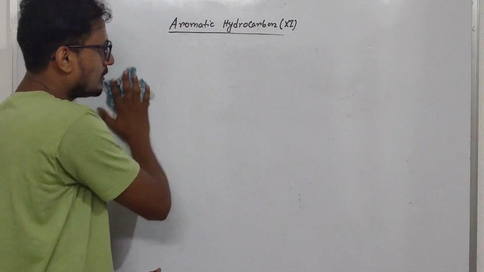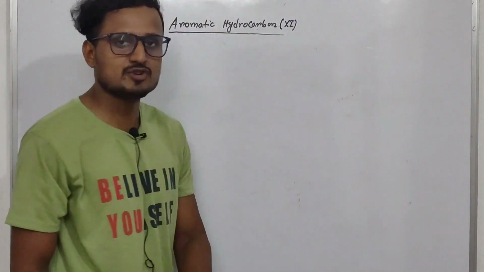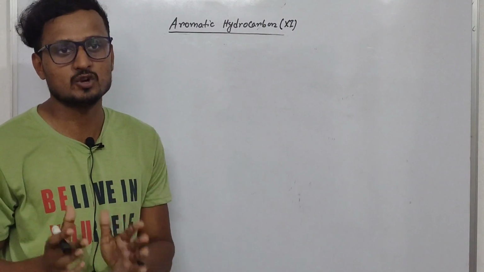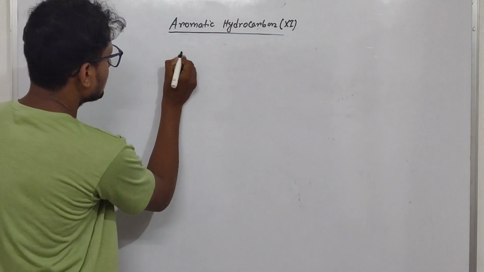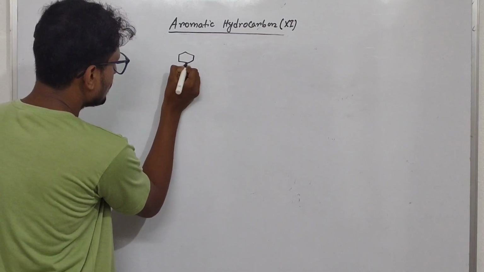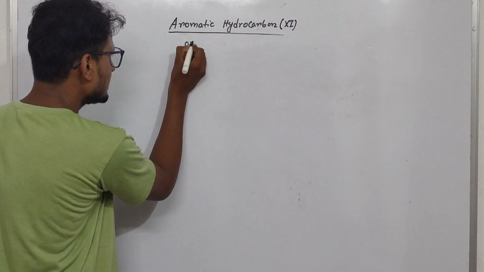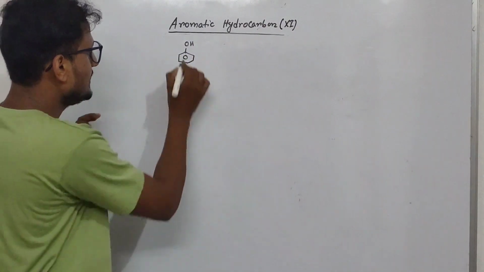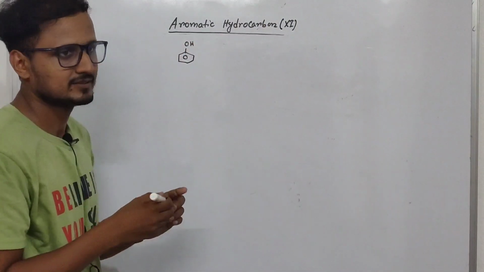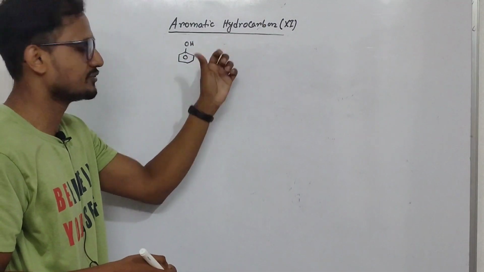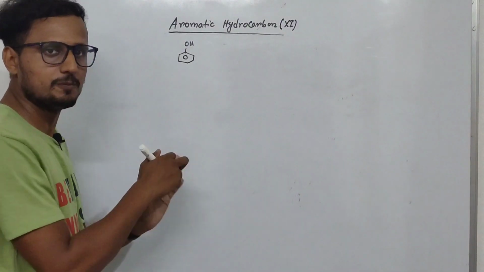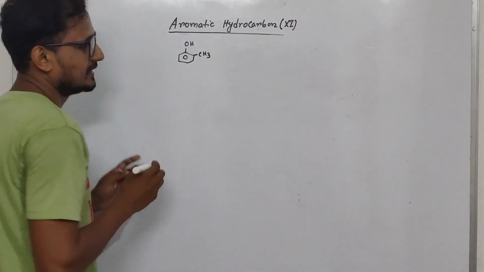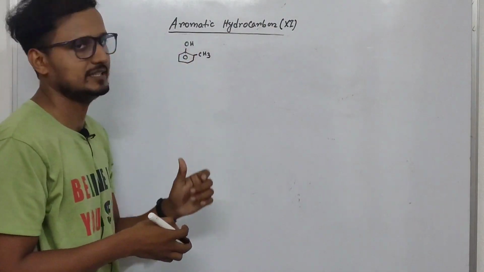These benzenoid compounds participate in substitution reactions, and more groups may be substituted in a benzene ring, not only one. Suppose an OH group is already present in the benzene ring, then this OH group will decide where the upcoming group will substitute. If another group comes in this position, it is decided by this OH only.